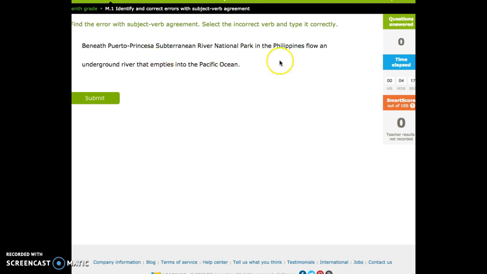And we have empties, but flow is our primary verb. So was it Puerto Princesa Subterranean River National Park that flows? Or is it a river that flows? And it's a river. This is our subject. The river flow.